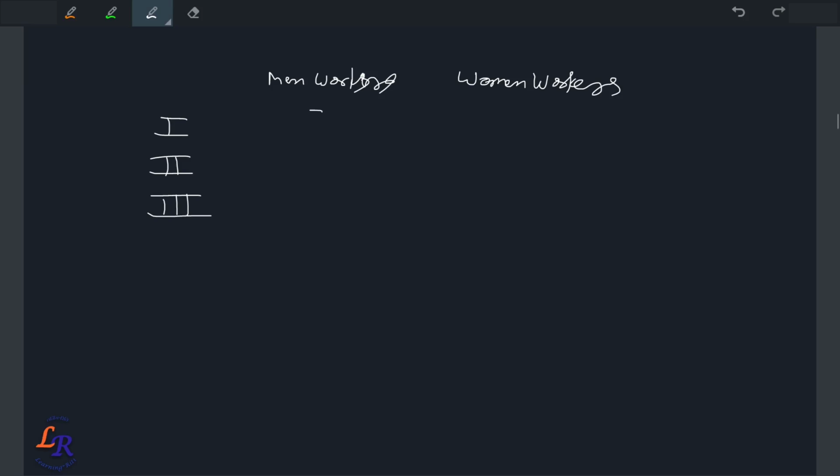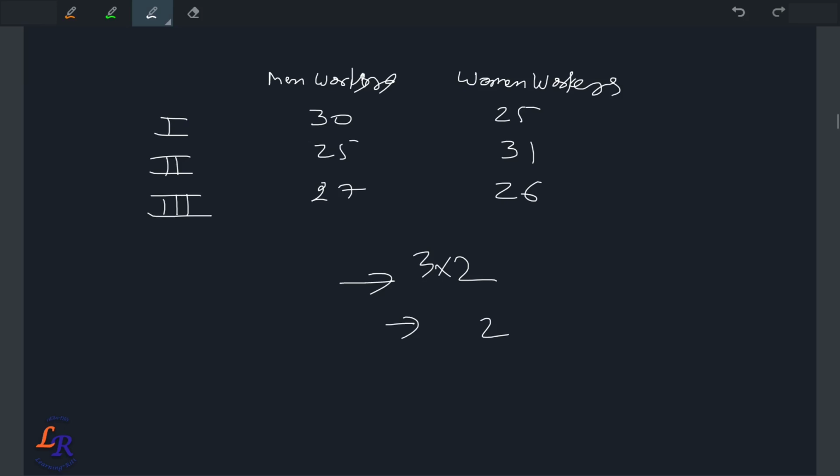In the first shift they have 30 women, second shift 25 men, and third shift 27 men. And in the first shift 25 women, second shift 31 women, and 27 men. Now you are asked to construct a matrix of the order 3 cross 2. It means we need a matrix which has 3 rows and 2 columns.